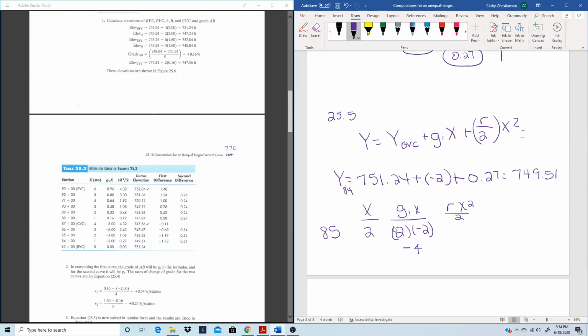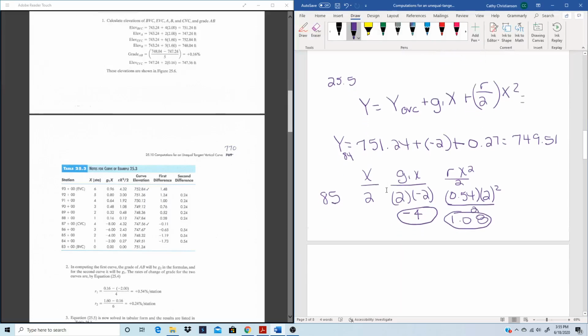Our r is 0.54 times 2 squared, and divide that by 2. You should get 1.08. So I'm going to circle that and that. The reason we do the first column is so that we can figure out what x is, and then we just plug that into these two formulas here. Everything else will come straight from your problem.